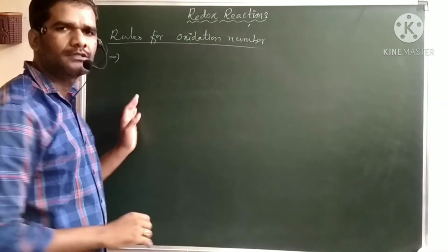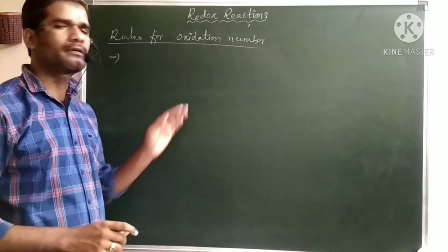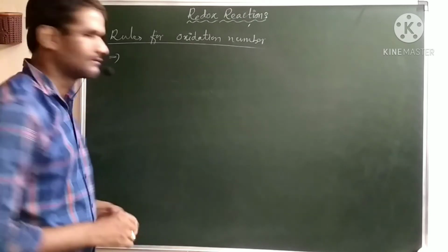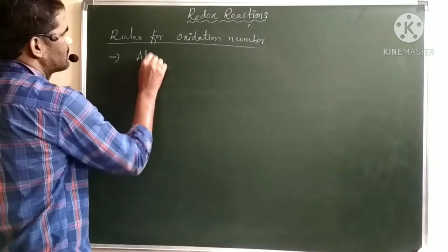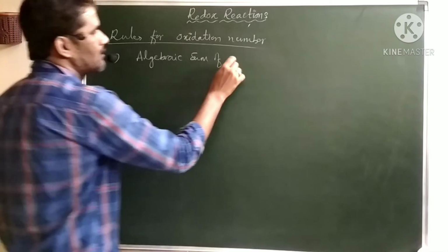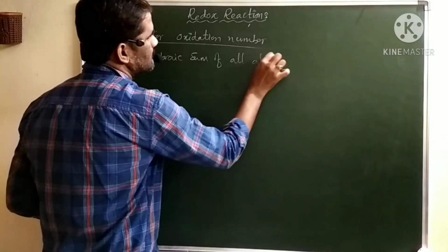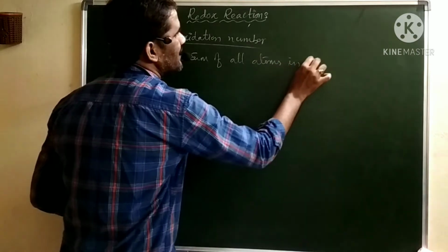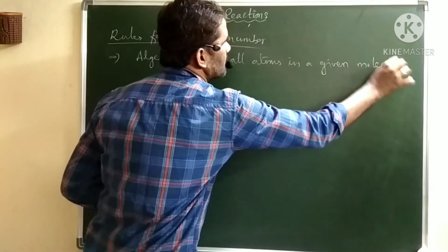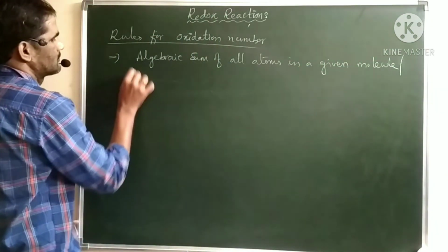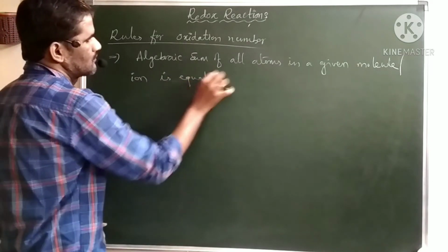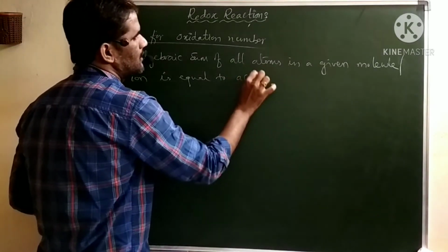One more point: the sum of the oxidation states of all atoms in a given molecule should be equal to the actual charge present in the molecule. So here, the algebraic sum of all atoms in a given molecule or ion is equal to the actual charge present.